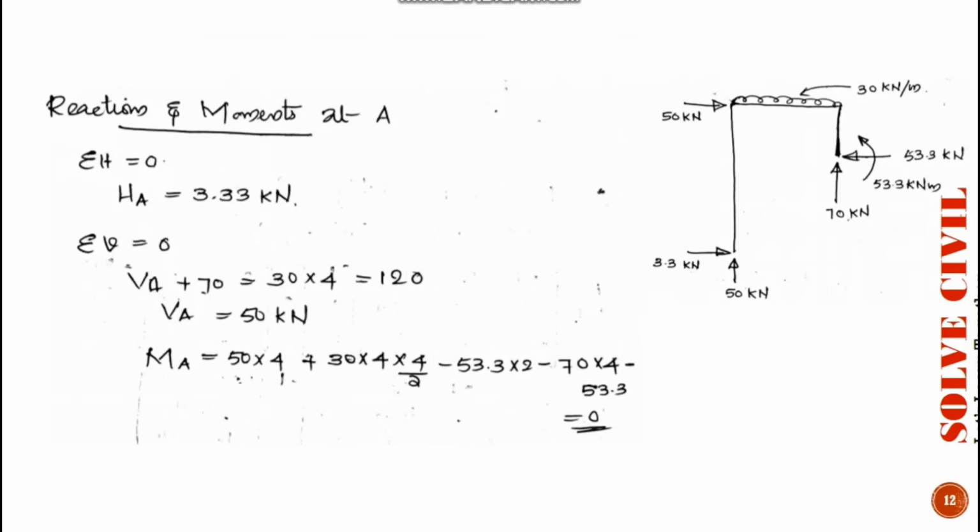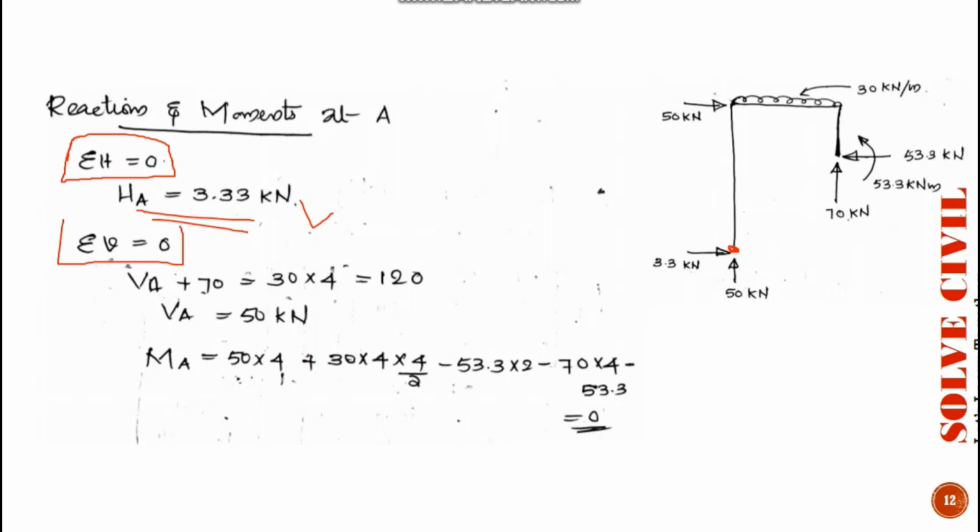Now we have to find the reaction and moments at A. Here we have to find the reactions. We know that the sum of horizontal reactions will be 0. So, sigma H equal to 0. Therefore, we'll get the value of HA as 3.33 kilonewton.